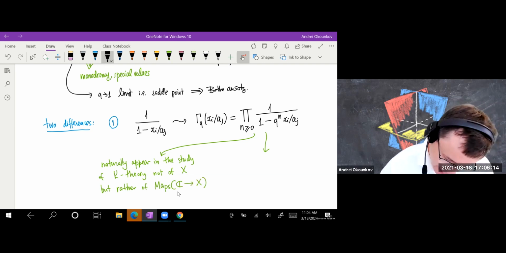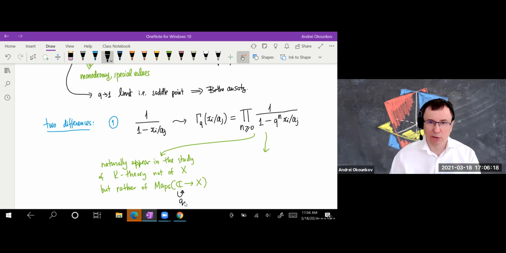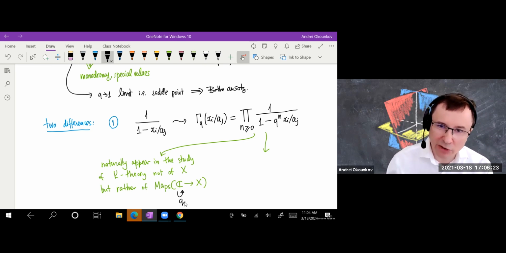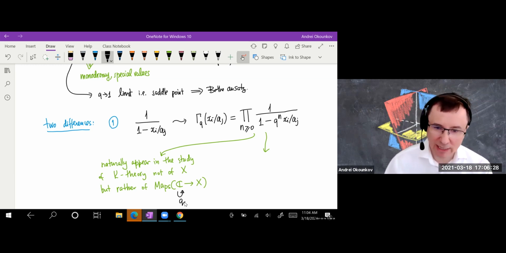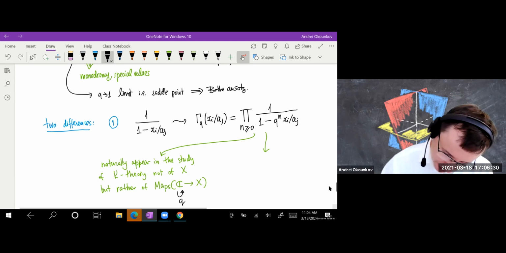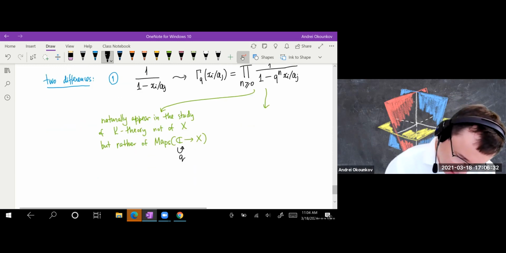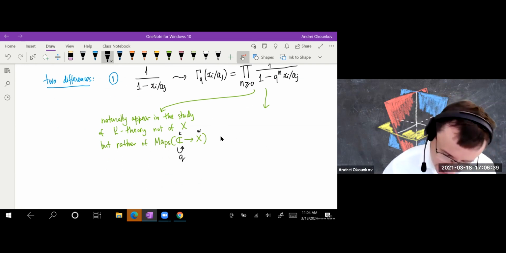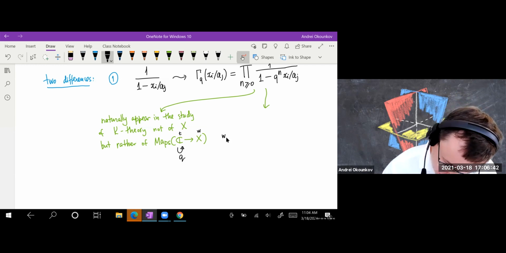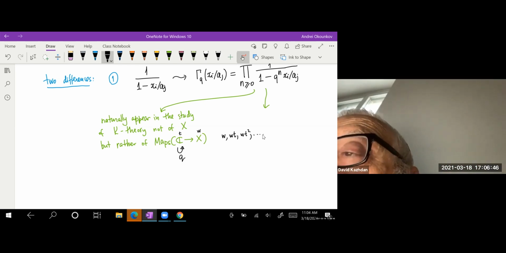Because if I have an action on the domain of this map with Q, the coordinates on the space of maps are like coordinates on X, and also polynomials with values in coordinates. So if I have some coordinate, maybe call it T here, and the coordinate W here, the coordinates on the space of maps are going to be like W, WT, WT squared, and so forth, this sort of thing, right?